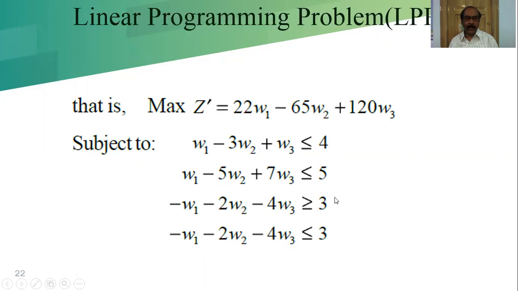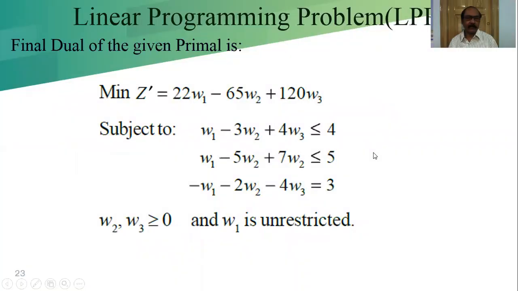Combining these two inequalities we will get an equation. W2 and W3 are greater than or equal to 0 and W1 is unrestricted in sign. So this is our final dual of the given primal.